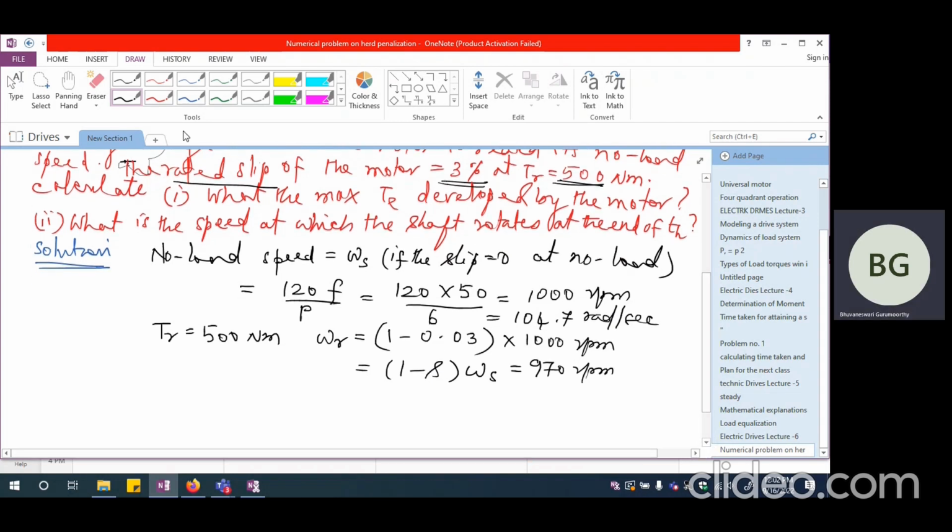So if I try to draw the speed torque characteristics of the motor, I should say this is the speed and this is going to be the torque.